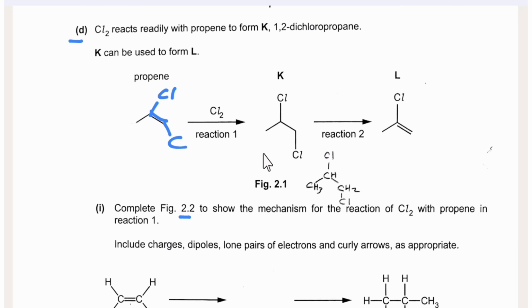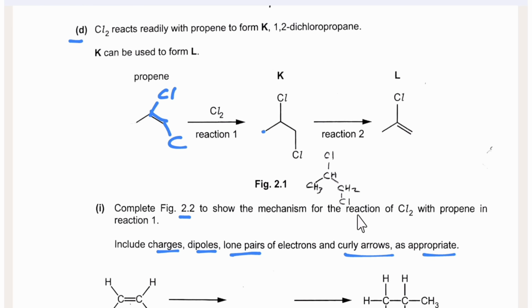For the structure of K, a CH3 group is attached, then CH with Cl, and CH2 with Cl. So this is the structure of K.